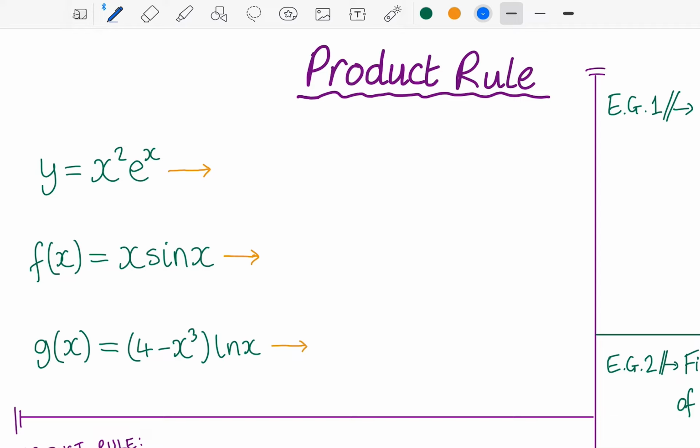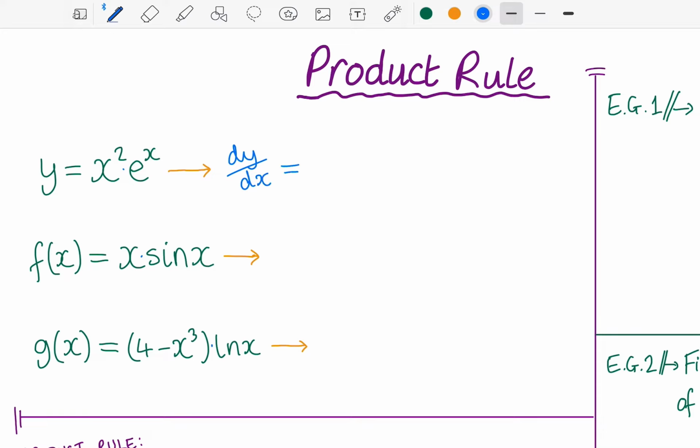So we have products of two functions in all three of these examples, as you can see, and I will give you the derivatives, and you can pause and try and work out what the rule might be based on these three examples. And I think you might be able to spot it.